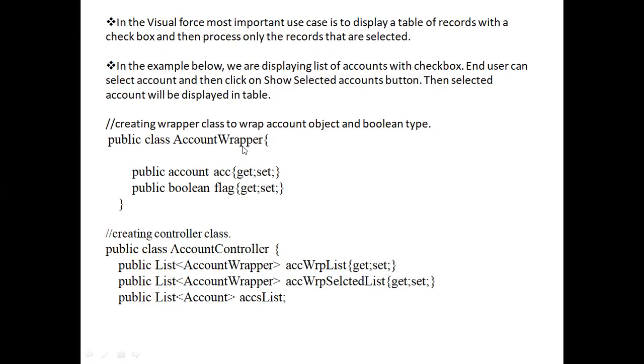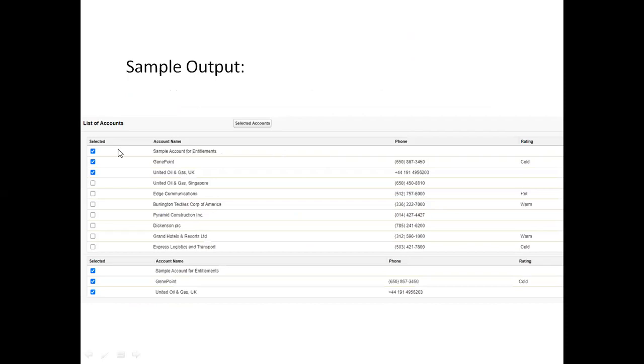So for this, I'm wrapping the account object and one Boolean data type. Now this wrapper class can hold account type values and Boolean type values. By using this, we can show Boolean type and account records. For that purpose, we are using wrapper class objects.